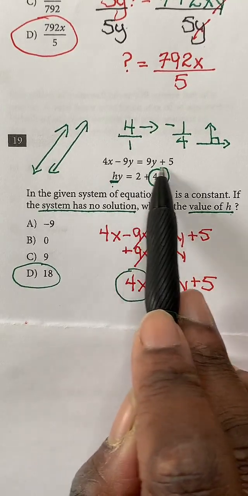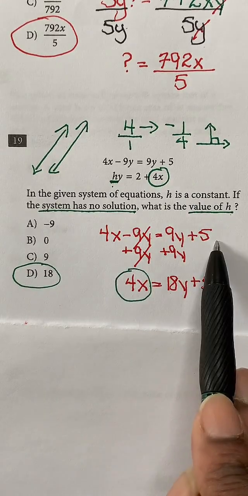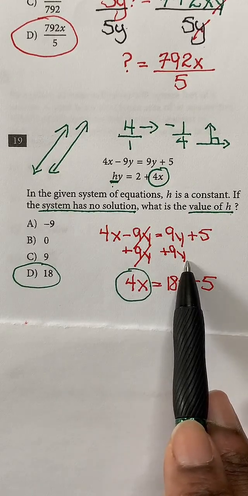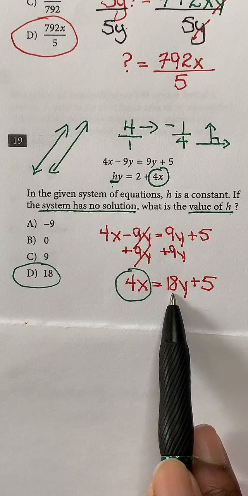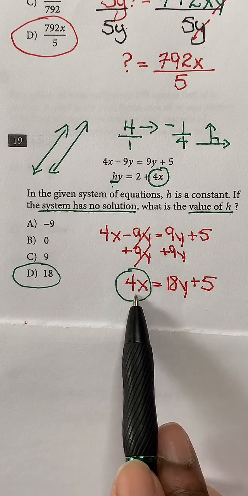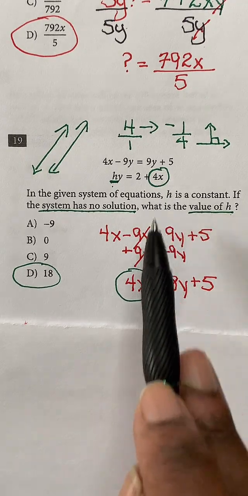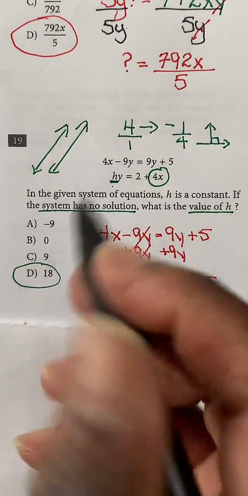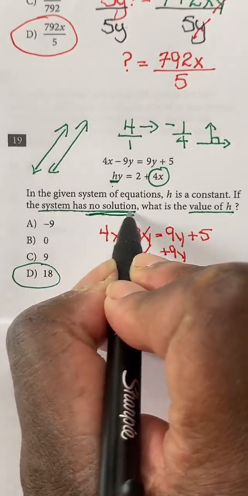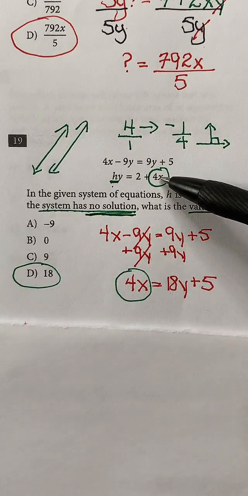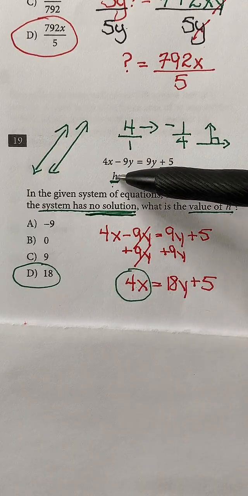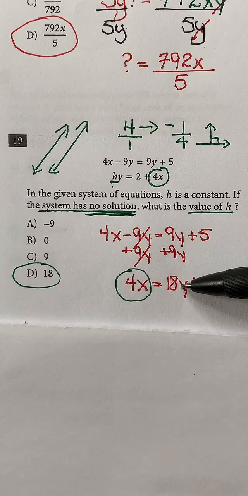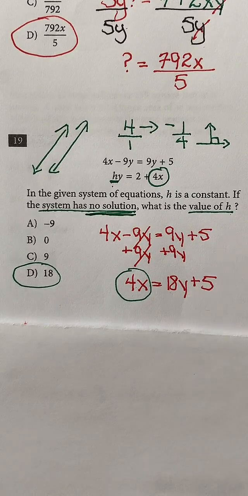After we solved that top equation, down here, we added the 9y, and the coefficient of your y is 18. The reason I circled the 4x's is because the 4x's represent this no solution, because that means my slopes are exactly the same in the 2 equations. And they want to know what h is. So the h is your coefficient of the y.